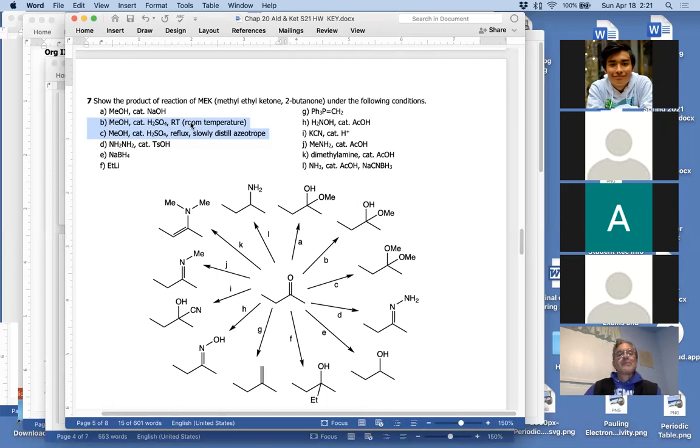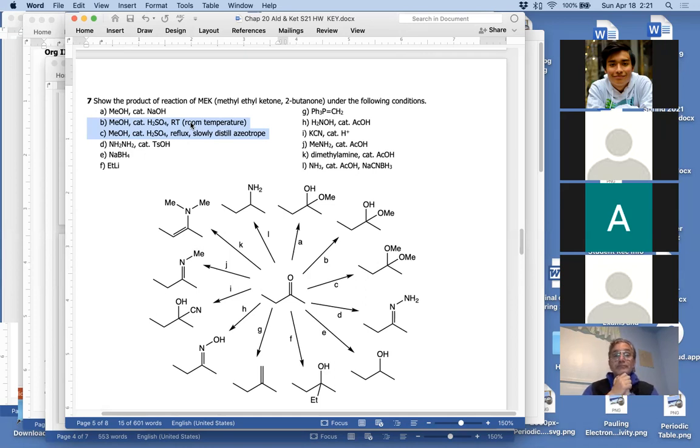So at room temperature, then, should we just stop at the hemiacetal? Yeah, you gotta reflux, you gotta remove water. If you don't have a step for removing water, the best you can hope for is equilibrium. So as a general rule, at room temperature, we stop at the hemiacetal. Yeah, to make an acetal, you gotta remove water somehow.